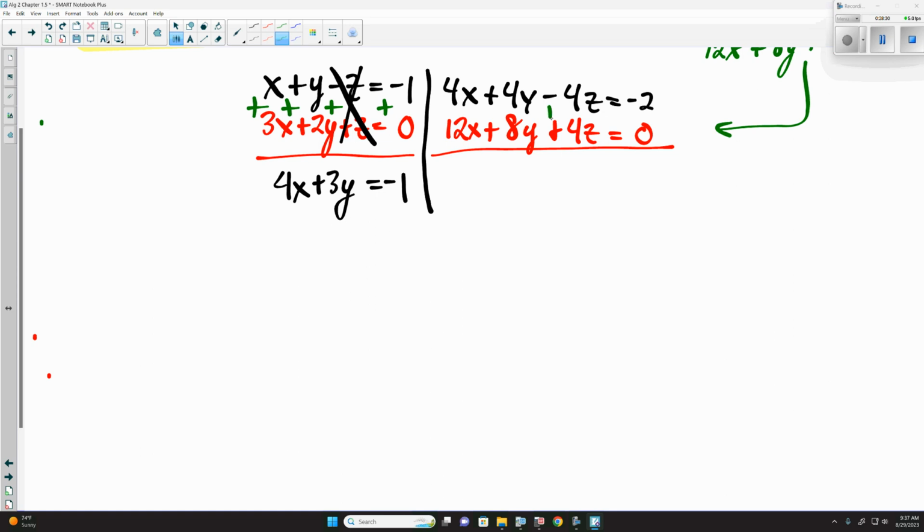So negative 4 plus 4, 4 minus 4 is 0, just like we wanted. So we're going to add. 4x plus 12x is 16x. 4y plus 8y is 12y. And negative 2 plus 0 is negative 2. Oh, that's unfortunate.